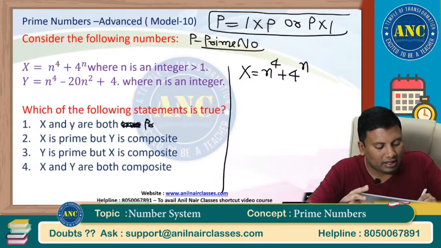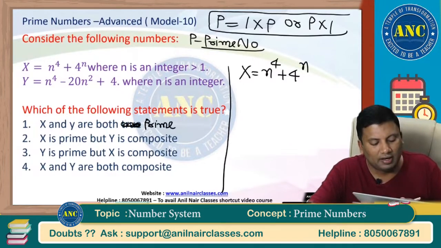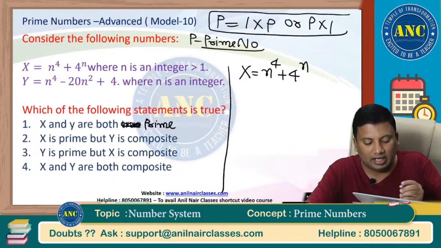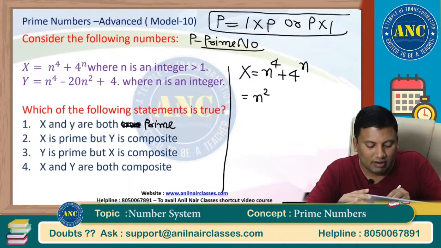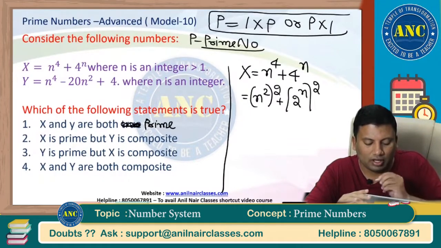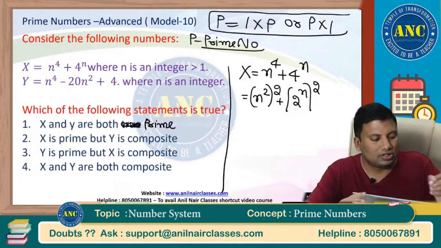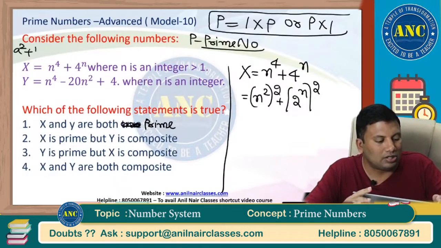This is to be shown as a prime number. Listen carefully. Prime number means I need to write it as a product of two factors. This is n square whole square. This is 2 power n whole square, 2 power 2n. A square plus b square is nothing but a plus b whole square minus 2ab.